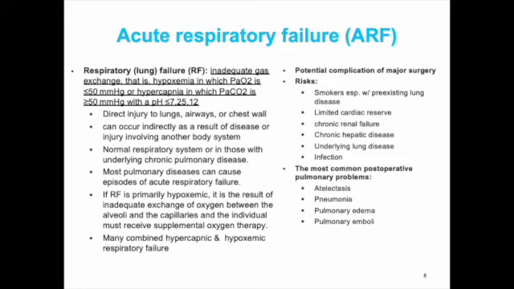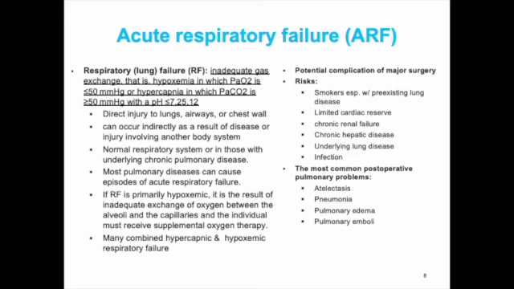And it can be a result from a direct injury to the lungs, a direct injury to the airway, the chest wall, or it can be because of another disease or injury that involves other body systems and not just the respiratory system, like the brain, the spinal cord, the liver, or even the heart. And it occurs in individuals who may otherwise have been healthy or had a normal respiratory system.